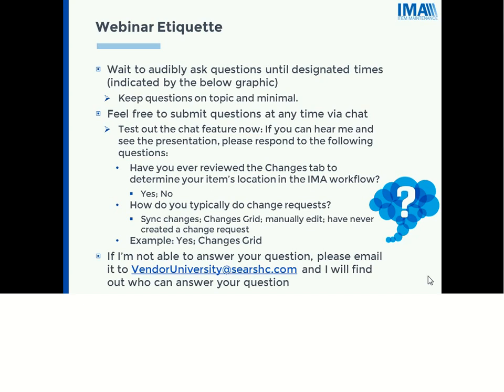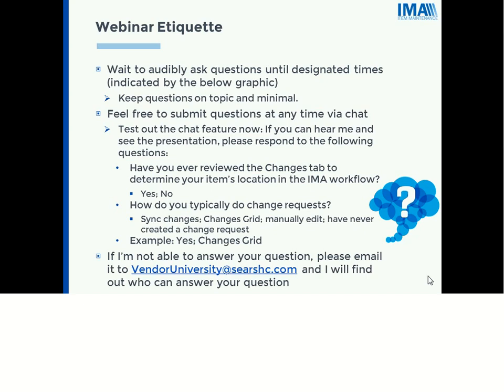And I did ask a couple of questions: if you've reviewed the Changes tab before to determine your item's location, and how do you typically do change requests? So looks like there are some people who have never looked at the Changes tab, which is what I expected. We do have one person that has.